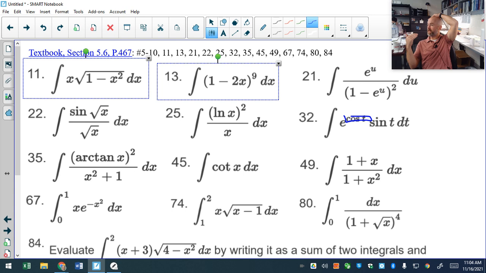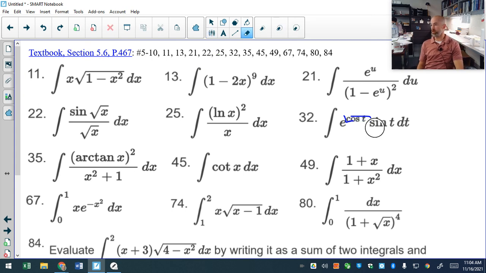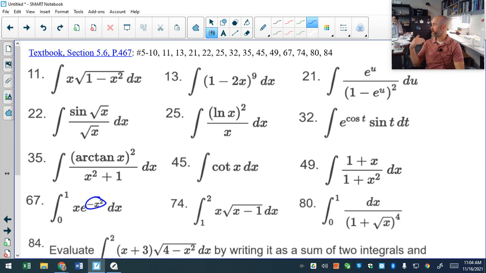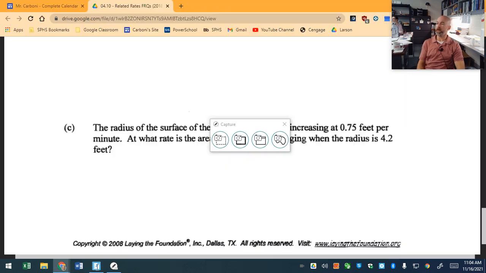Right? Those are the places that I generally look for a potential U. Same thing on 67. I see an ugly exponent. I'm going to let that be my U first. Did we do that one yesterday? We did one similar to it. Anyway, that's kind of what I'm thinking. There are some exceptions to that, but that's where I start.